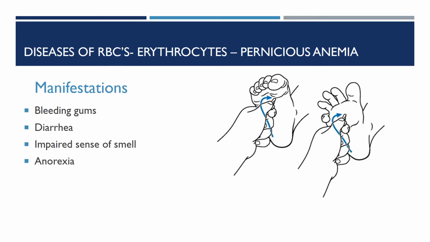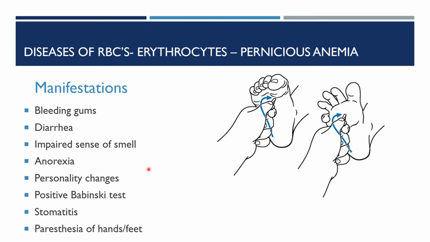So what are the manifestations of pernicious anemia? Bleeding gums, diarrhea, impaired sense of smell, and anorexia. Now, some additional changes can occur, such as personality changes. Now, this would be a test. Okay, this is a diagnostic test, called the Babinski test. The Babinski test is when you have maybe a pin and you rub the pin down the foot, and normally the response is bending of toes.